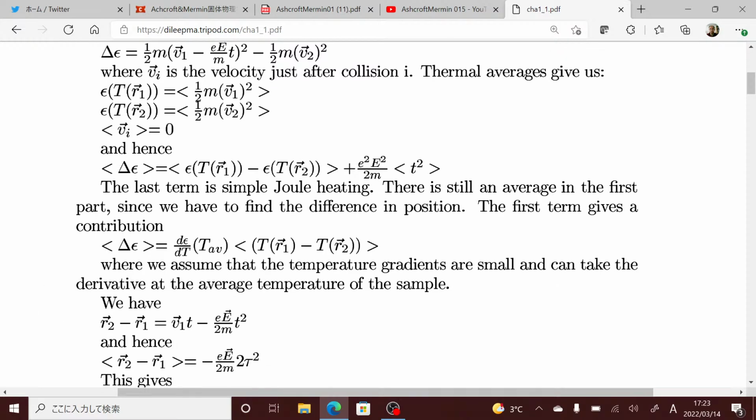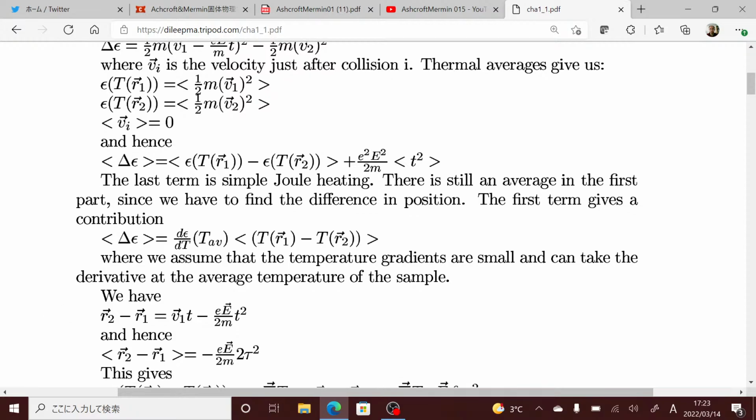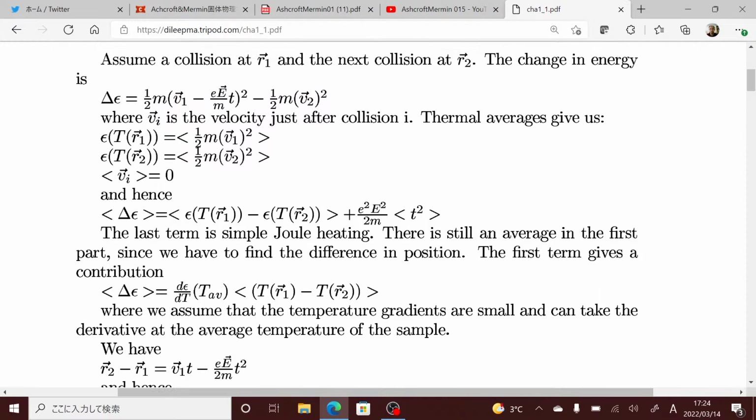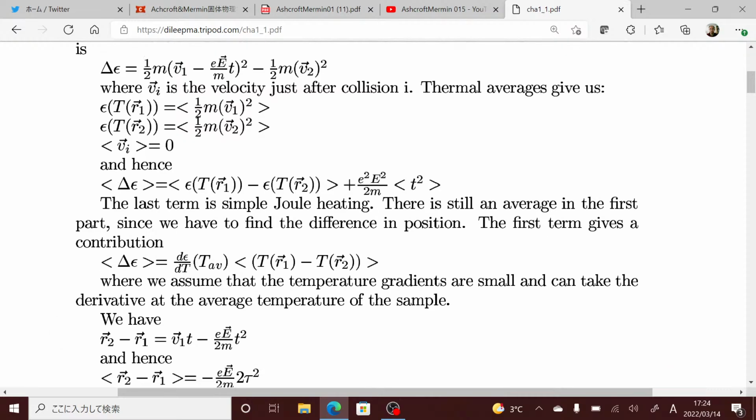There is still an average in the first part, since we have to find the difference in position. The first term gives a contribution.